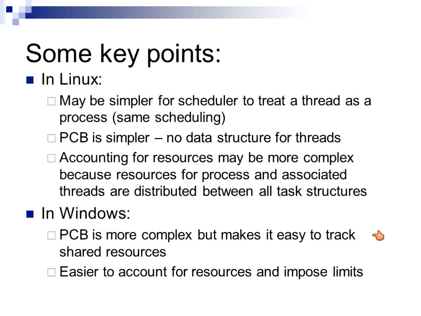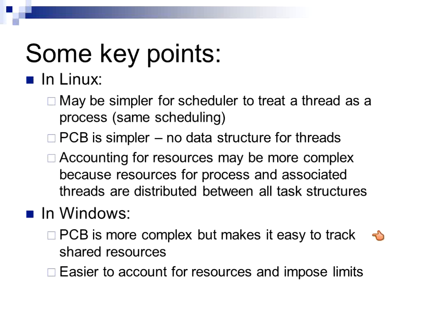And so then, of course, the points about Windows are the exact opposite. In Windows, the process control block may be a little more complex, but it makes it easy to track the shared resources. Remember, part of the process control block itself is to hold the resources being used by a process.